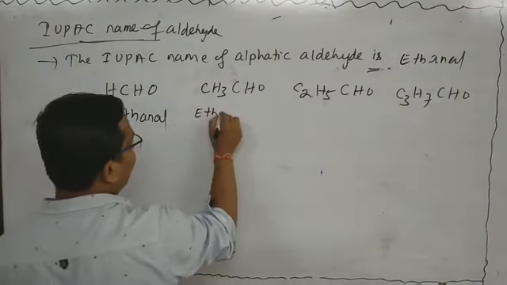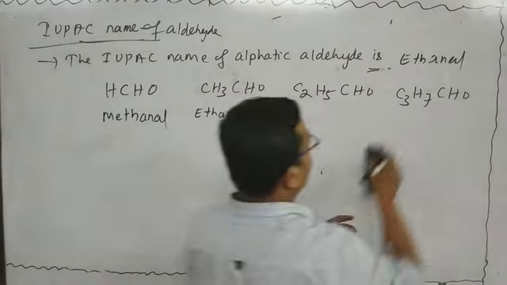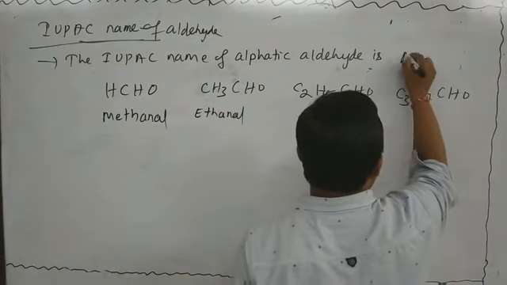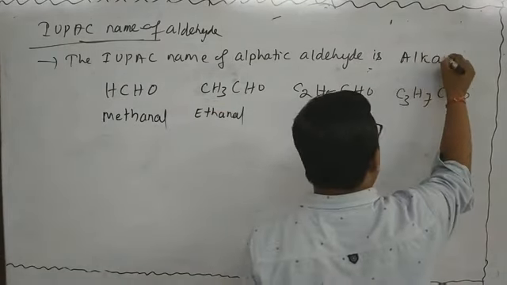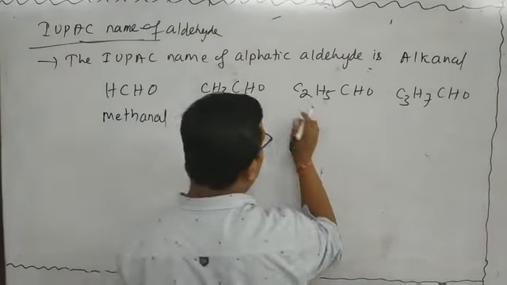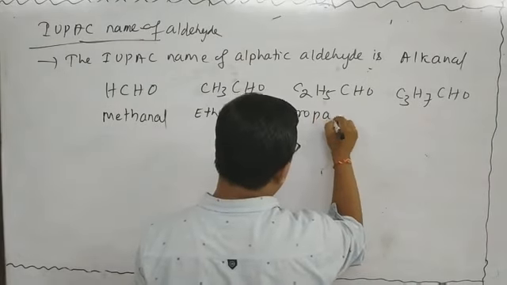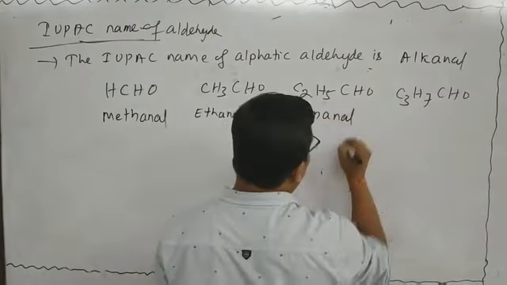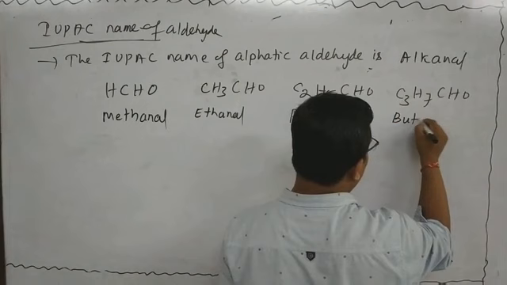That is said to be ethanal. Similarly, if you want to give a name to this compound, there are three carbons, so the name of this compound is propanal. Next, there are four carbons present, so the name of this compound is butanal.